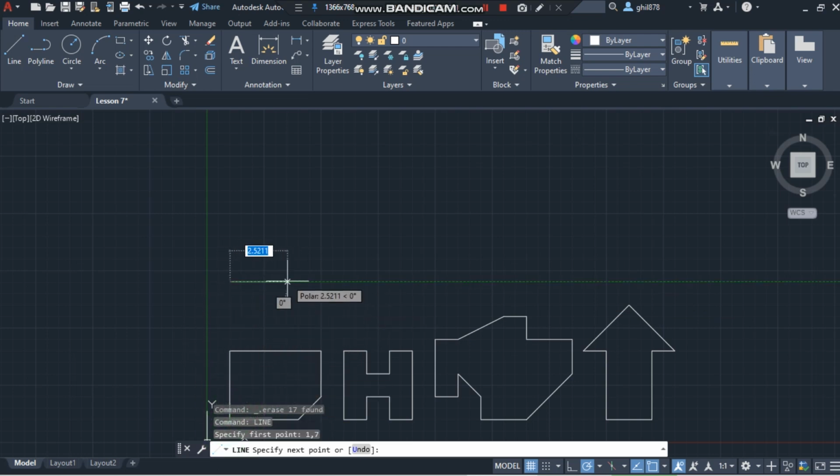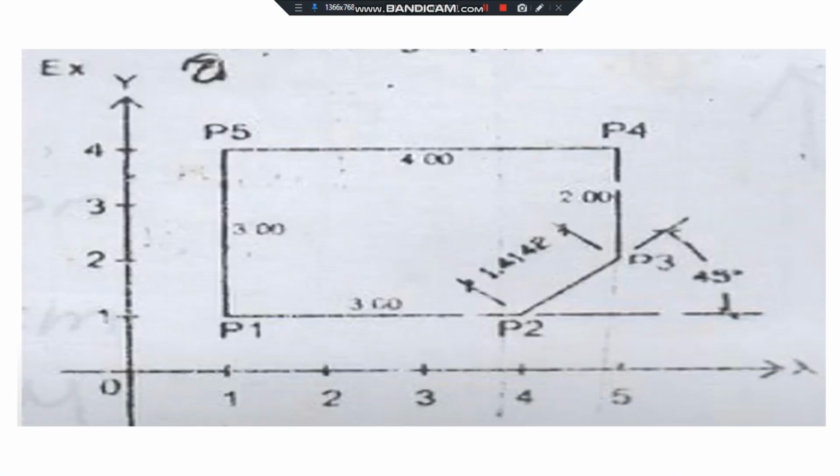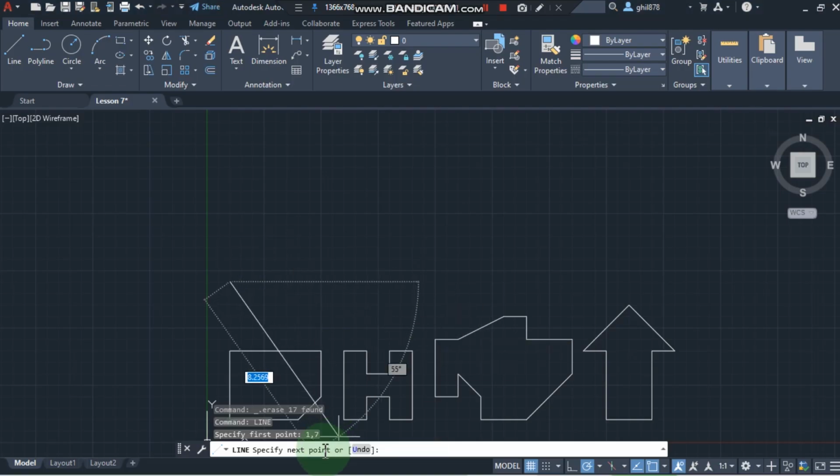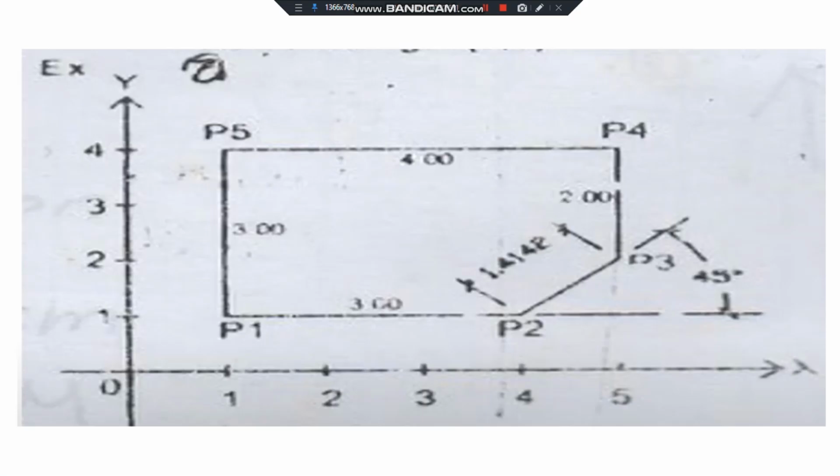From P1 to P2, we have a distance of 3 at 0 degrees. So at distance of 3 with the angle of 0 degrees, then we have 45 degrees with a distance of 1.4142.